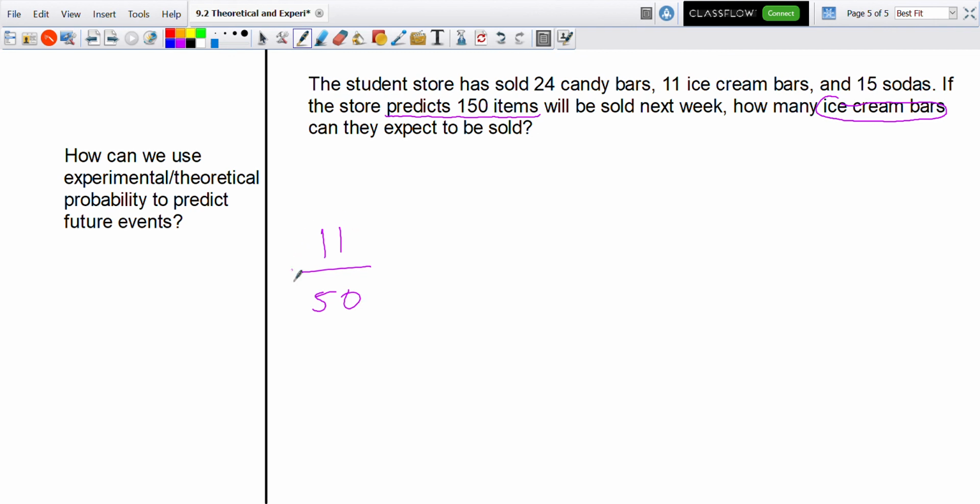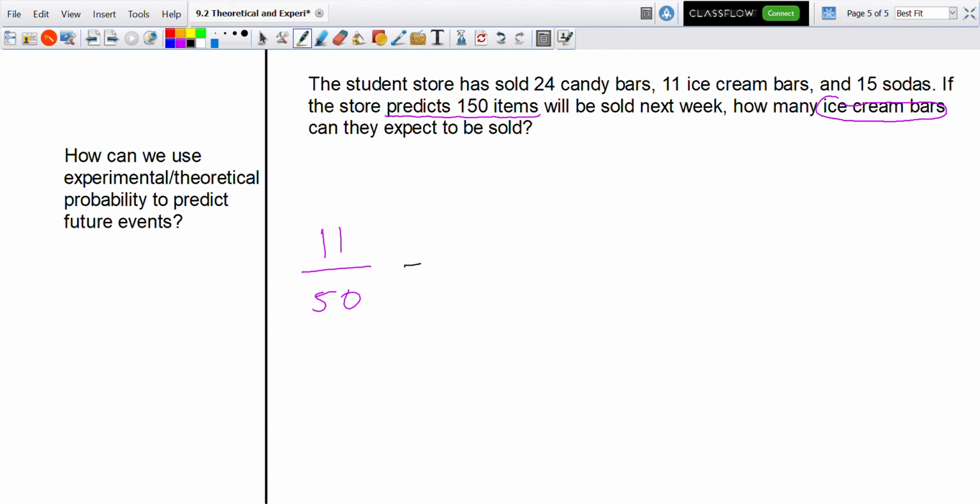So what this fraction here is we know last week they sold 11 ice cream bars out of 50 total items, right? They sold 24 candy, 11 ice cream, and 15 sodas. So 11 out of 50 of these were ice cream bars.